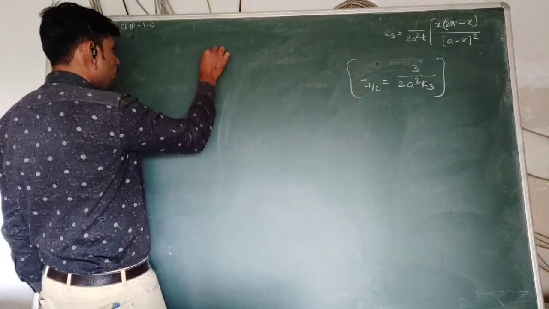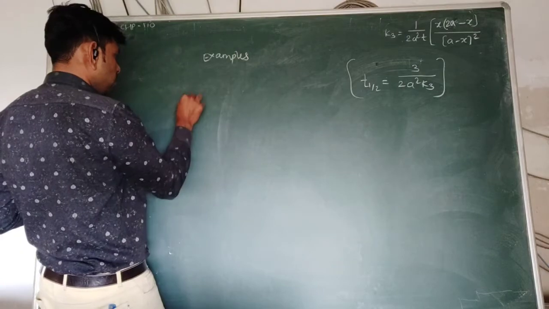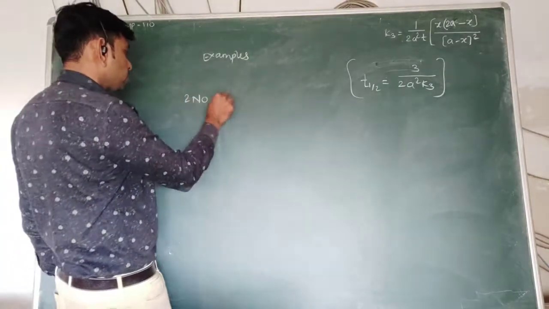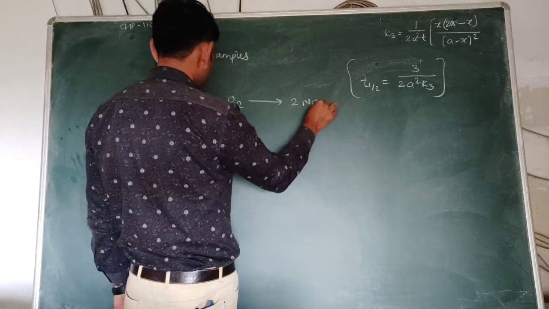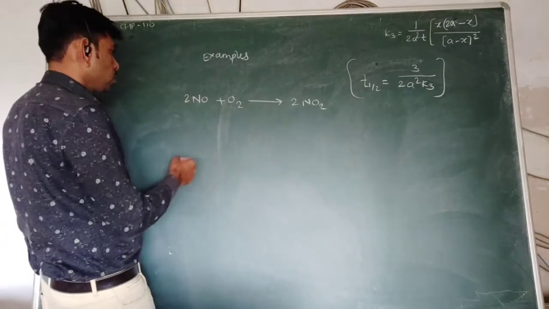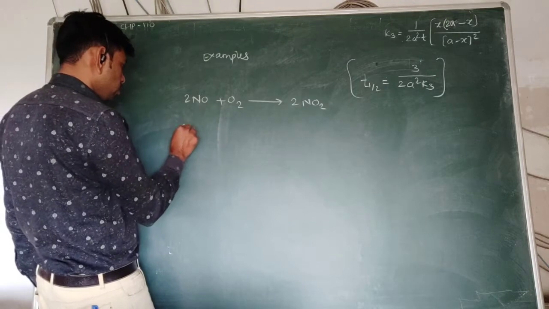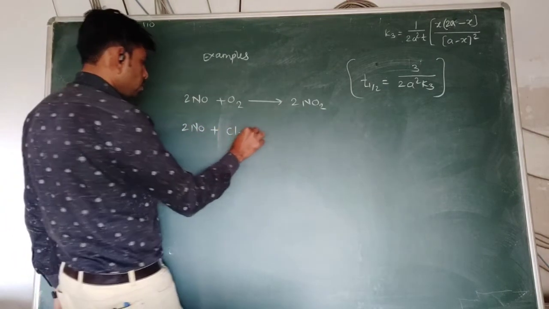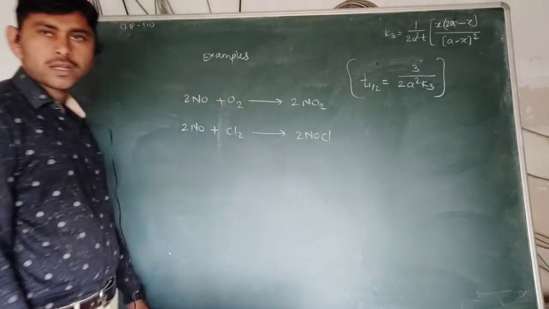Now see some examples for third order reaction. Examples of third order reaction such as 2 moles of NO interact with 1 mole of oxygen to form 2 NO2. Also 2 NO plus Cl2 gives 2 NOCl, it is a third order reaction.